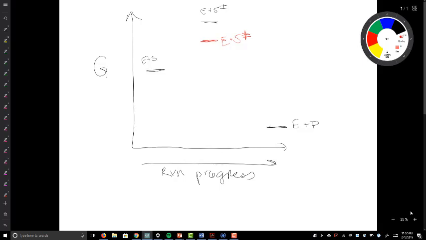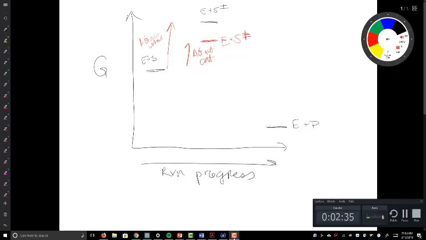And so if we were to compare the activation free energies, the delta G of activation uncatalyzed versus the delta G of activation catalyzed, we would see that it lowers the delta G of activation, and if we lower the delta G of activation, that means the rate of the reaction is going to increase.